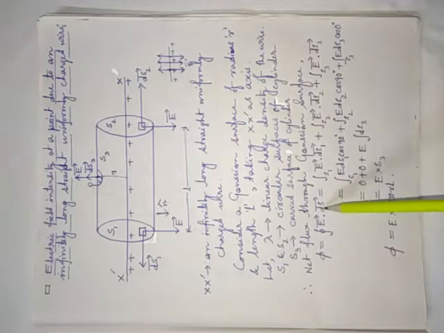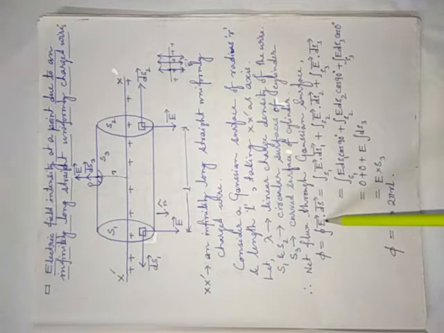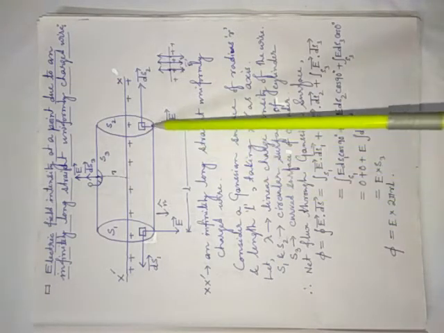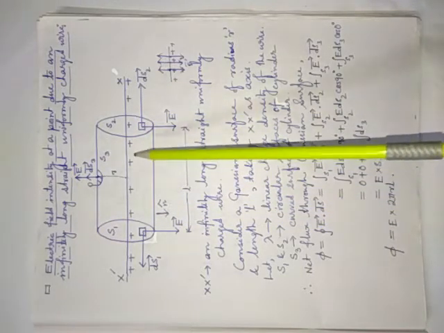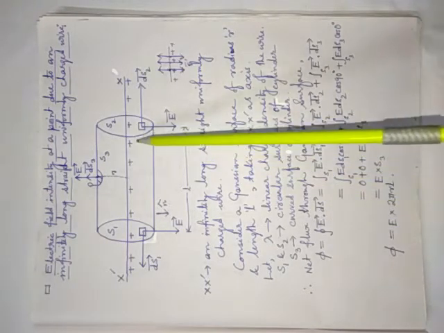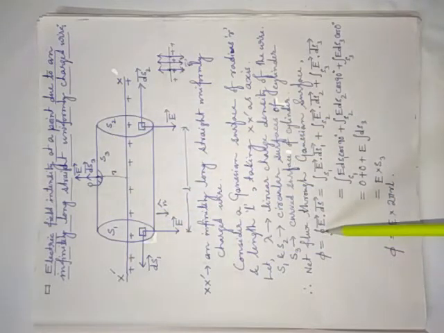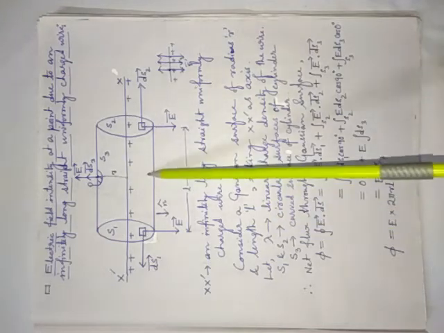I already discussed, if you consider only a small portion of a surface, that is dS, then the flux through the small portion is E vector dot dS vector. But if you consider the whole cylinder, then you have to integrate. This symbol means a circle, that is closed, since this cylinder is a closed surface.